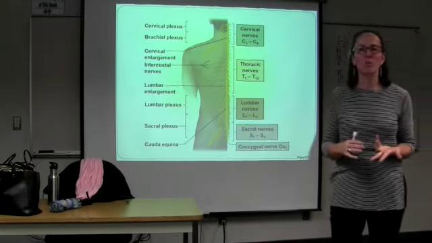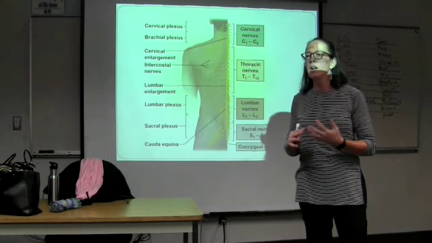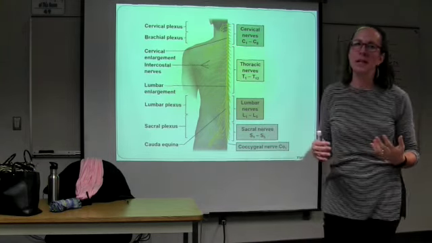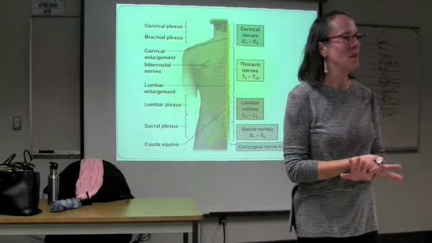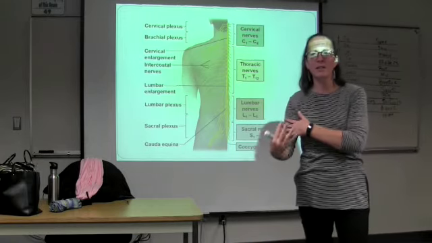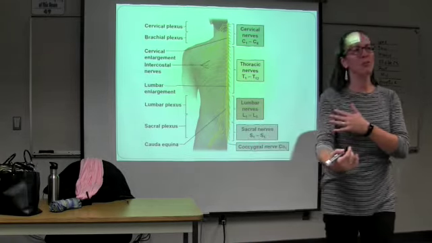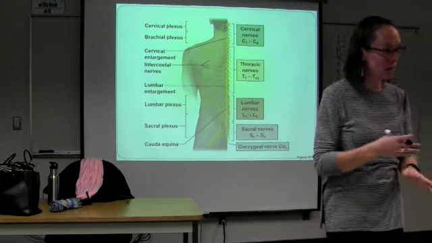I combine it as lumbosacral plexus. Your body puts it as lumbar and sacral. And what a plexus is, it takes several of those nerve roots and mixes them up. Instead of having one muscle have the nerve from one nerve root, we get a whole bunch crossing over.